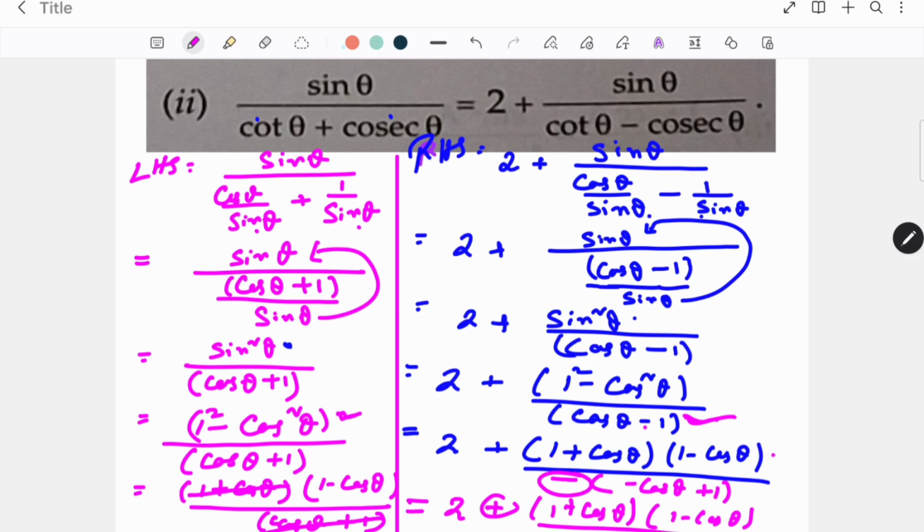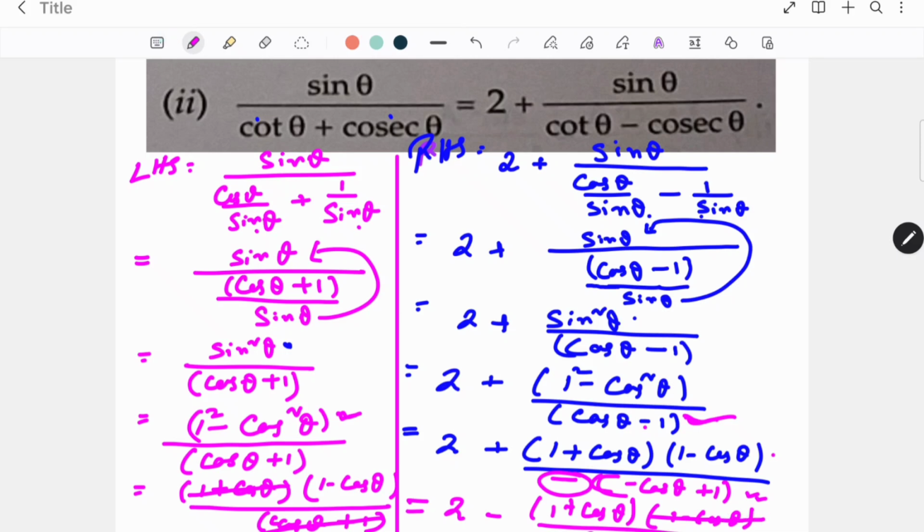This sign will change to minus. We change this one as minus, and the down one we have here 1 minus cos theta plus 1, so it will become 1 minus cos theta, and this 1 minus cos theta will cancel.